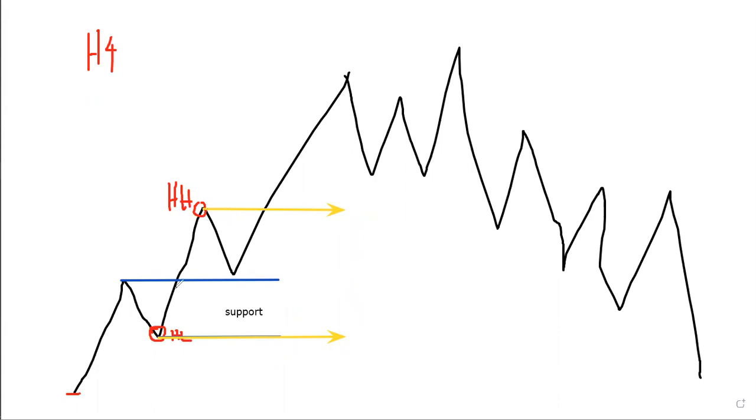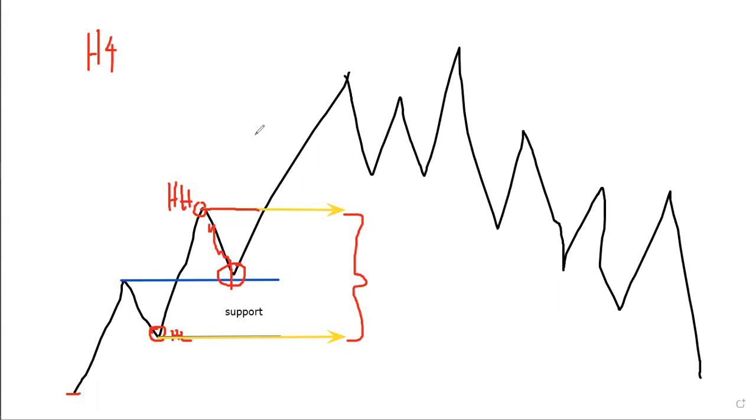Now you're going to see your impulse to the upside and you're going to see a corrective pullback down into here. Once you've seen that, whether the market wicks down into here or whatever it is, you're going to be looking for your confirmations around this area here. And because this is your range, your first target is going to be at this previous high in here. Because in a bullish market, the highest probability is price will most likely make it back to the previous high.